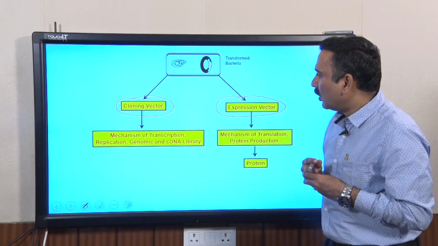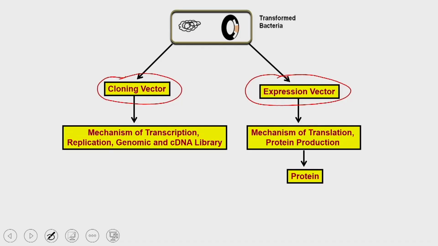In the case of a cloning vector, suppose you have generated a recombinant clone into a cloning vector, then the purpose of this recombinant DNA or recombinant clone would be either to study the mechanism of transcription or replication, as well as similar strategies people use for generating the genomic as well as the cDNA library.